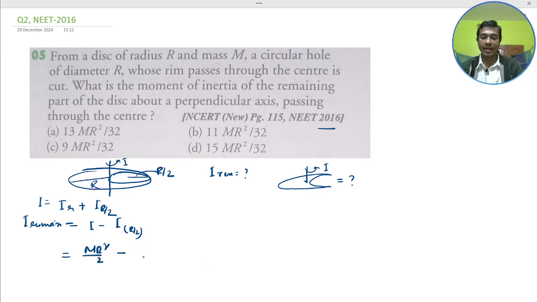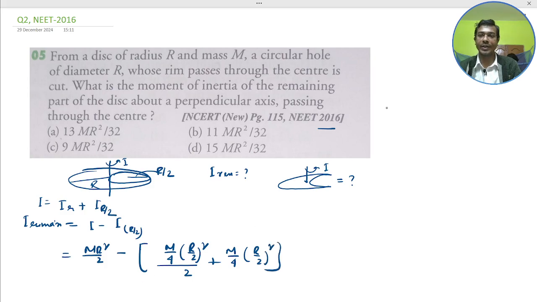This would become I of r by 2 means m by 4 mass, r by 2 whole square by 2. Here this would be written as mass m by 4, r means r by 2 whole square by 2 plus m by 4 r by 2 whole square.